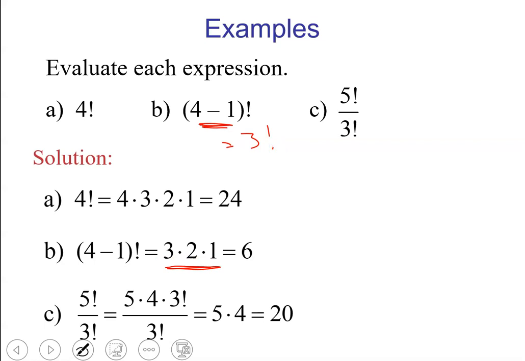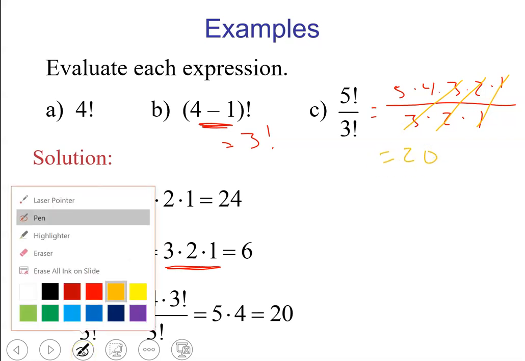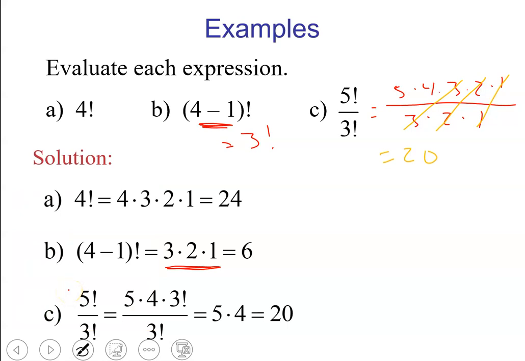Couple different ways to do C. If I write it all out, this is what I would have. And hopefully you'll see here, 1's cancel, 2's cancel, 3's cancel. So it's really just 5 times 4, which is 20. The other way of doing it is realizing that 3 factorial is within 5 factorial.